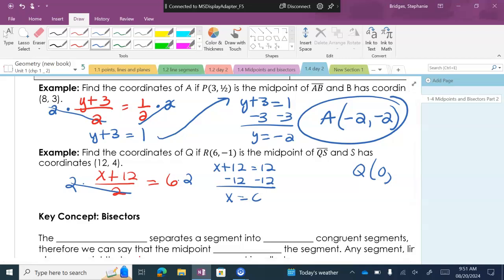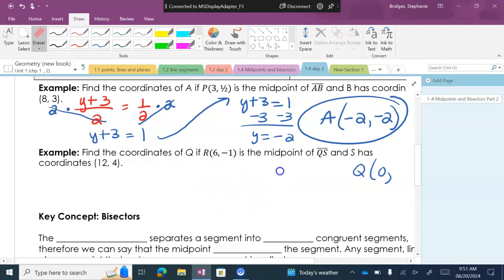And then we're going to repeat that process for Y. Okay, again, it's exactly what we did yesterday. It's just working backwards a little bit. Okay, so let's set it up. I'm going to take the unknown Y value right now, plus, what is the other Y value? 4.